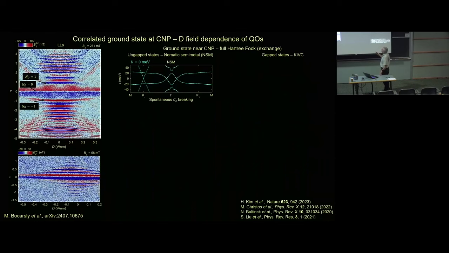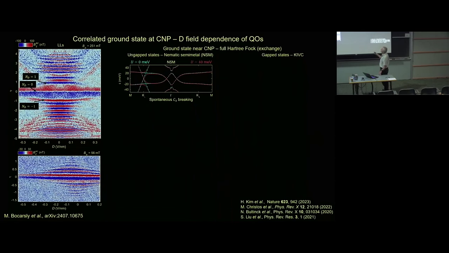In the nematic semimetal, the nodal points of the flat bands move away from the K point towards gamma, spontaneously breaking C3 symmetry. Now if we apply displacement field, the hybridization, rather than occurring at charge neutrality, now occurs at the Hartree-Fock energy of about 25 millivolts.